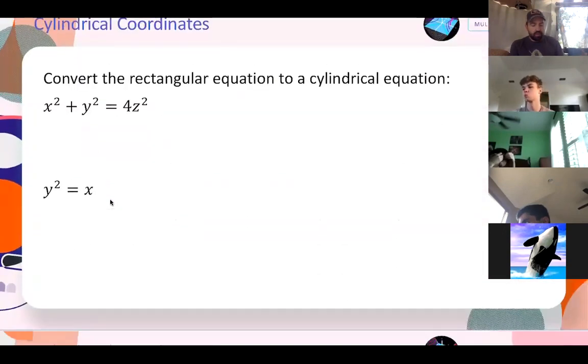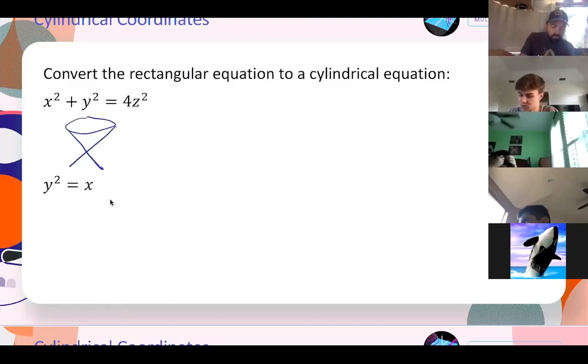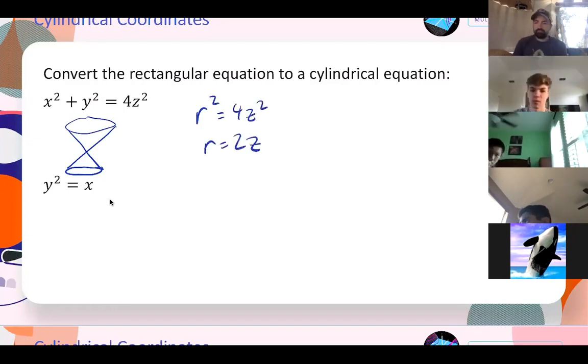Okay, so this will be kind of the biggest thing we use, converting rectangular equations to cylindrical. So again, this is a cone. And if we convert it, we have r squared equals 4z squared, r equals 2z.